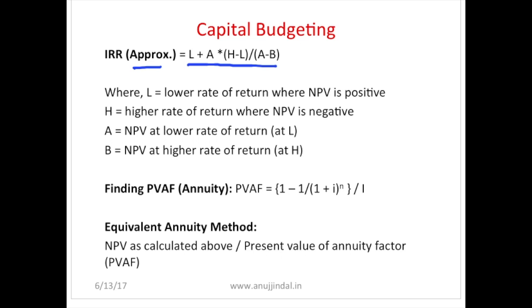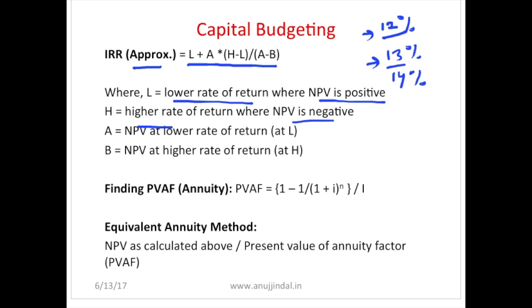Let's understand this. L is the lower rate of return where NPV is positive. You find out a particular NPV, for example at 12%, 13%, making all these trials and errors, and at 12% NPV is positive, so this is L. H is the higher rate of return where NPV is negative. So let's say H comes out to be 13%, that is the rate of return where NPV becomes negative.